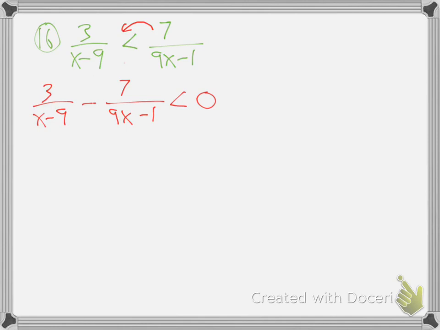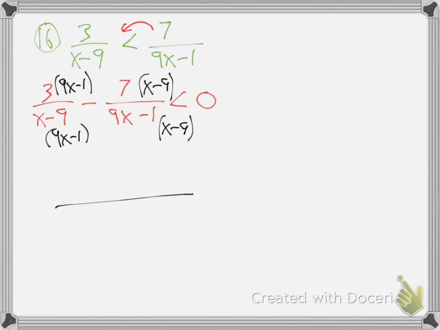Multiplying by the other denominator. Remember that from algebra? So 9x minus 1, top and bottom of that guy, and then x minus 9, top and bottom of that guy. That way they have the same two things in the denominator now. They're a common denominator. Did you see what I did there? So now these guys have the same denominator.